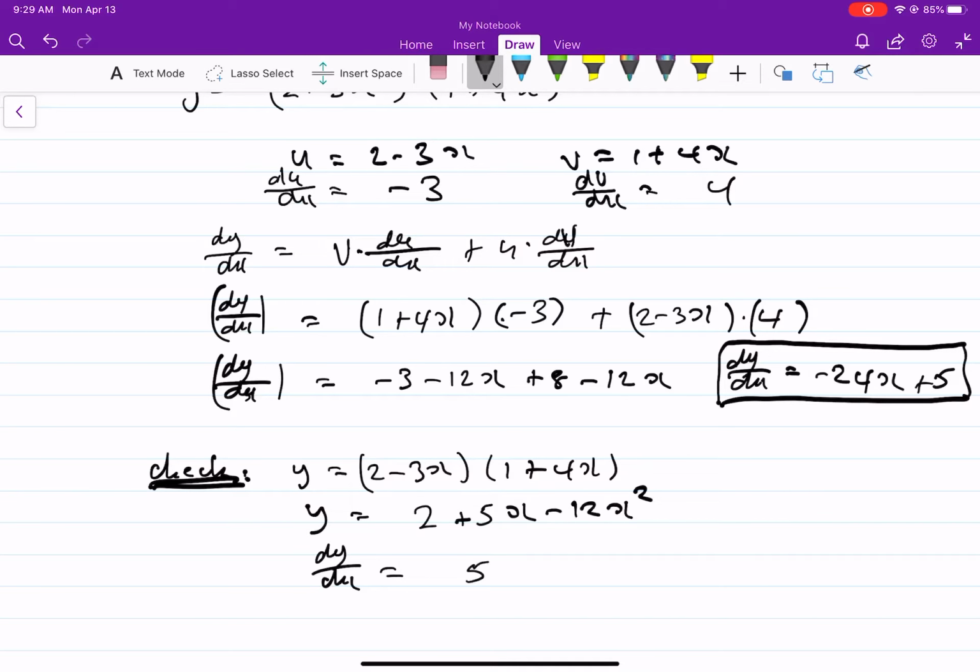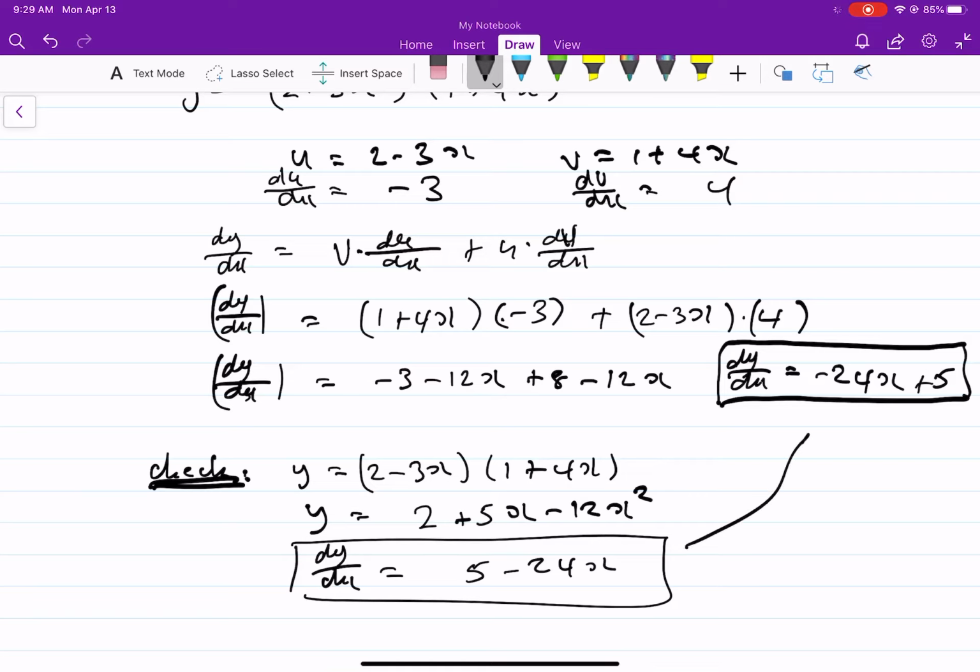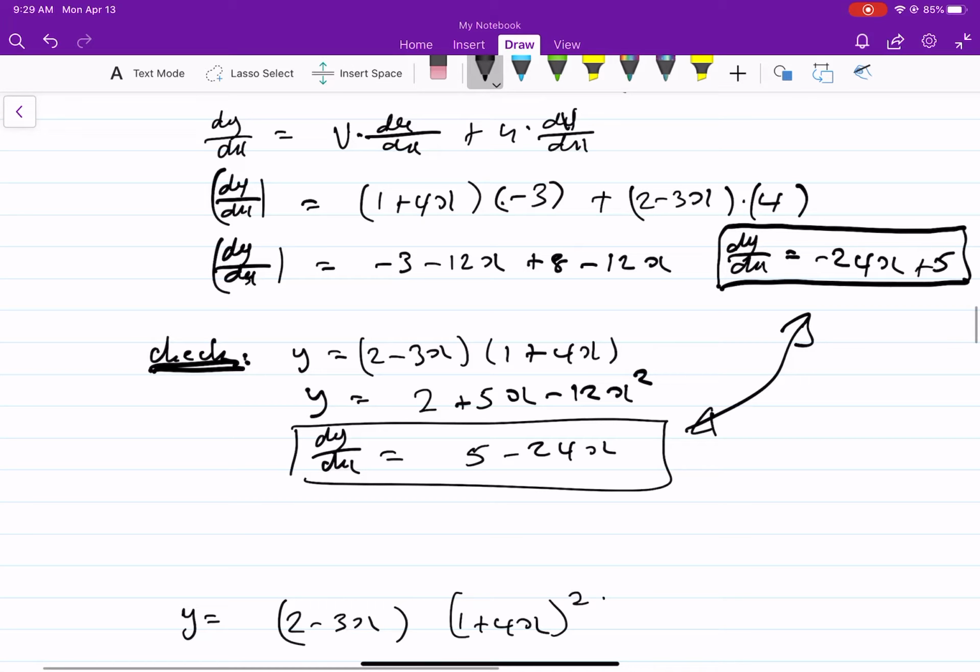So you get 5 there from the 5x and minus 24x there. Same result using either method. Now, you wouldn't have a choice necessarily as the functions that you have to differentiate using the product rule become more complex. I just started off with a relatively easy one. All right, let's try the other example.